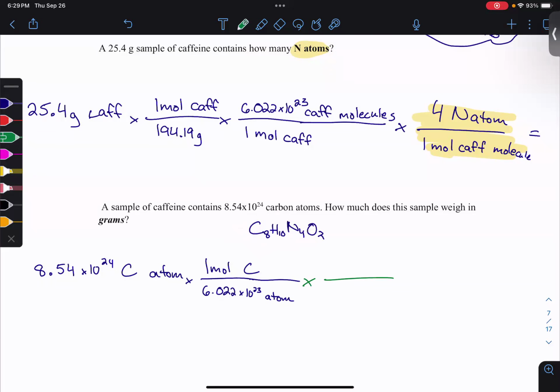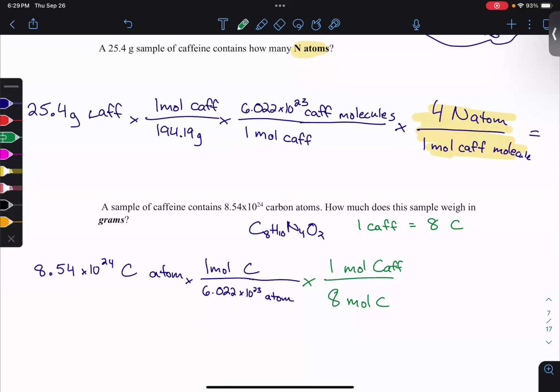On the bottom. So let's write out that equality. Really what I'm trying to say is that 1 caffeine molecule equals 8 carbons. So I want to put the 8 moles of carbon on the bottom, 1 mole of caffeine up top. All right?